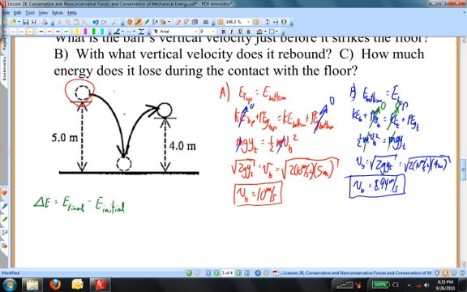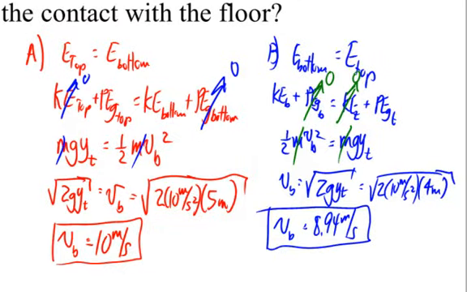While it's in contact with the floor, there's no change in elevation, so there are no gravitational potential energy changes. All the energy changes are kinetic energy while it's in contact with the floor. The final kinetic energy is the kinetic energy it has when it leaves the floor to go up to 4 meters.